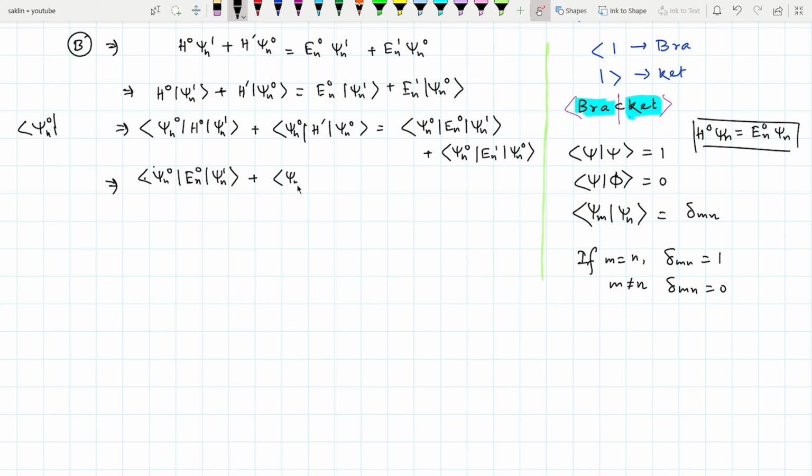And here also it will remain the same because it will not operate with it. And here I can say this is just a number, so it will come out from this notation. It is the same thing here also.